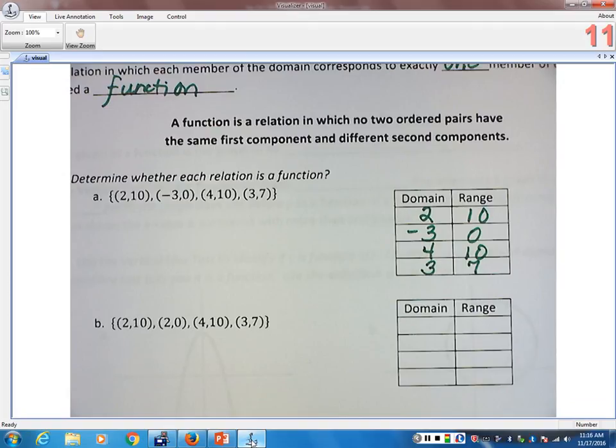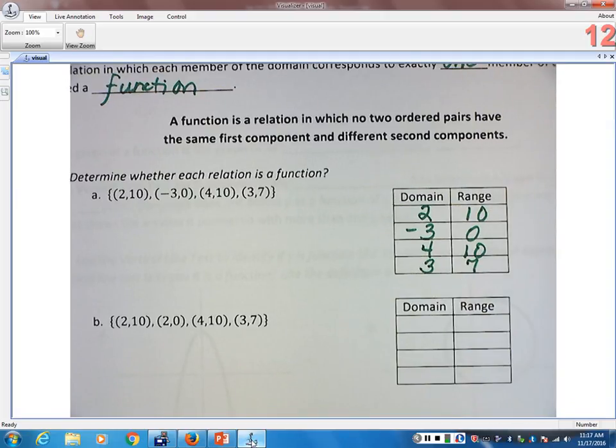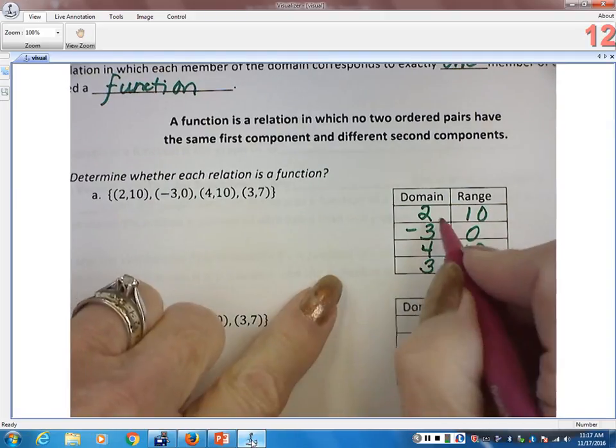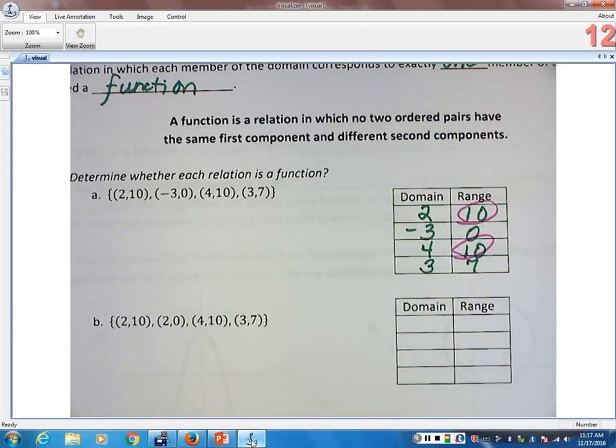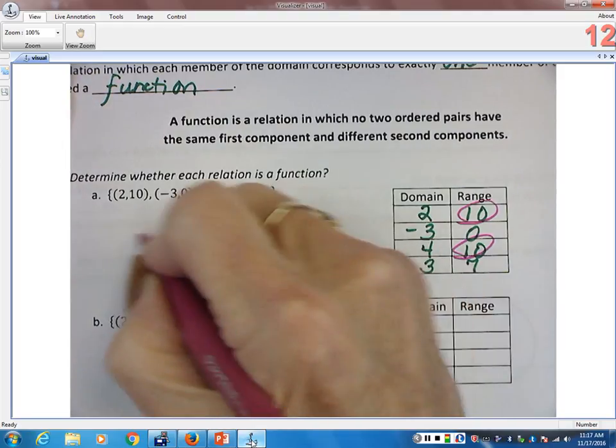Is it or is it not a function? What do you think? Okay, you think it is a function. Is it okay that I've got that 10 is partnered up with 2 different x's? The answer is yes. The domain has to have one and only one range, but the range can be partnered up with more than one area in the domain. So this is a function.